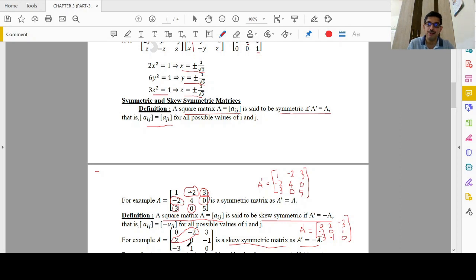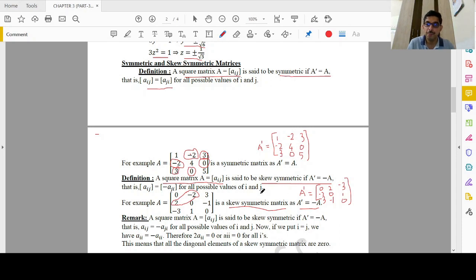Similarly, A13 and A31, and A23 and A32, these three pairs of elements should be negative of each other. And one more important property of skew symmetric matrices is about diagonal elements. Skew symmetric matrices have A dash equal to minus A.